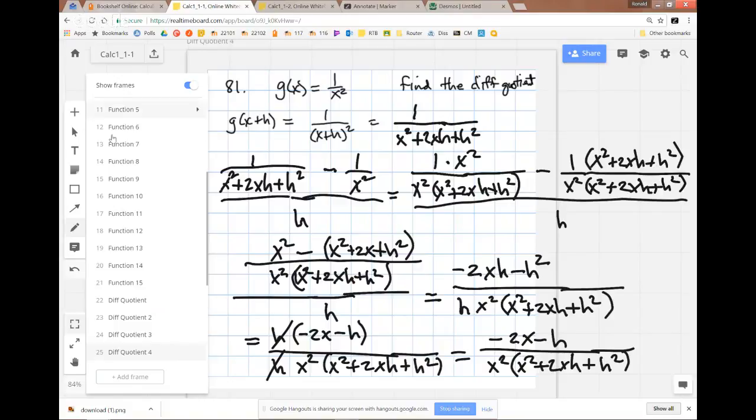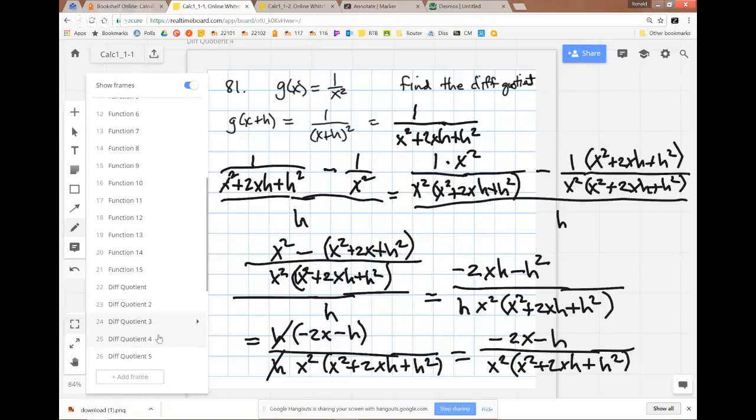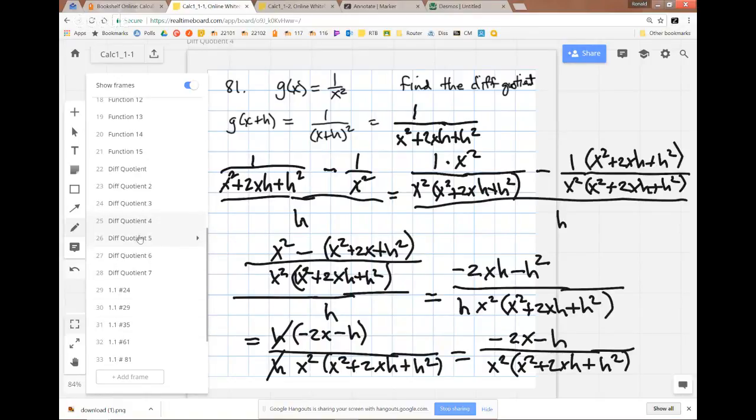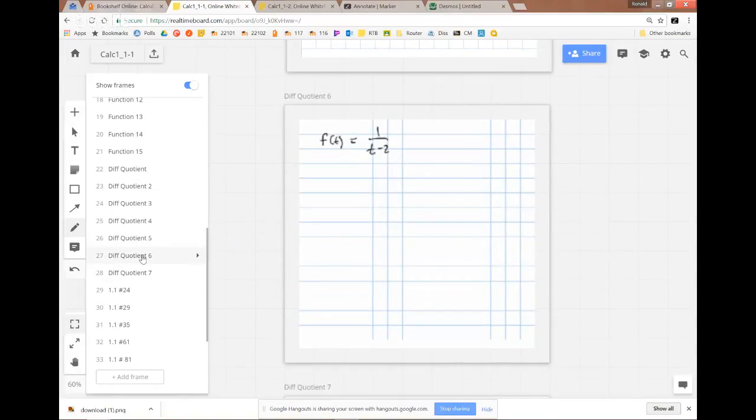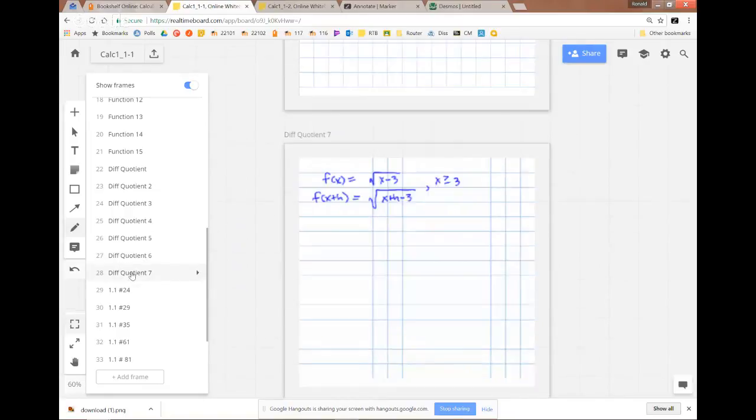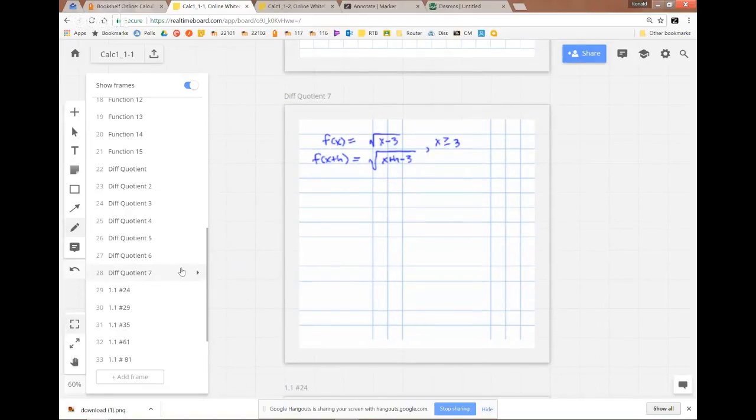Okay, so we've got that kind of a difference quotient. Let's go to the next one. I wanted to take a square root, so let's go to this one next.